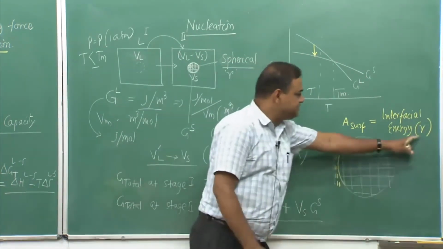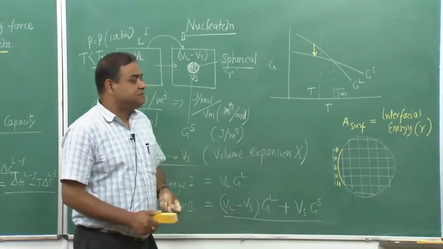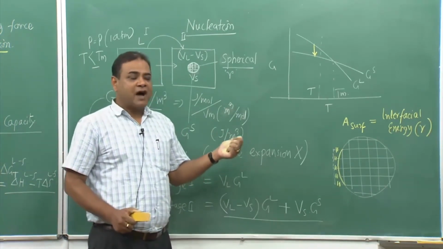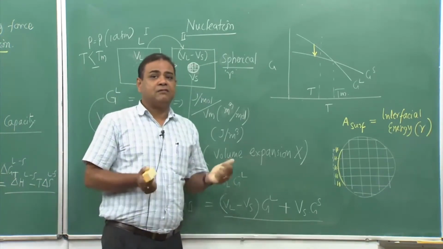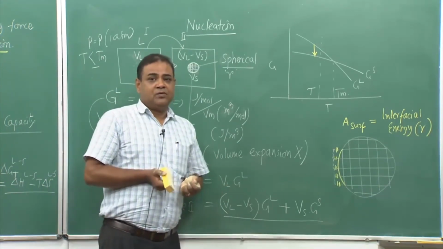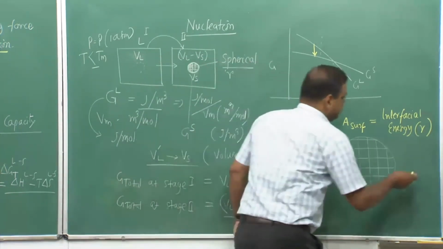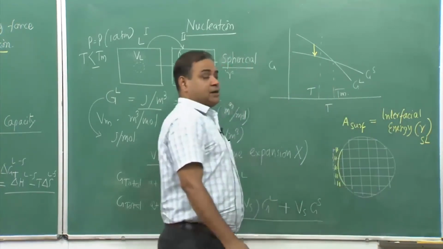And this gamma is different than the gamma we consider in case of FCC. So, in order to make a difference with the FCC gamma in iron, which is called austenite, or FCC gamma in alpha aluminum, which is nothing but the aluminum single phase alpha, we put it as SL in case of solid liquid.